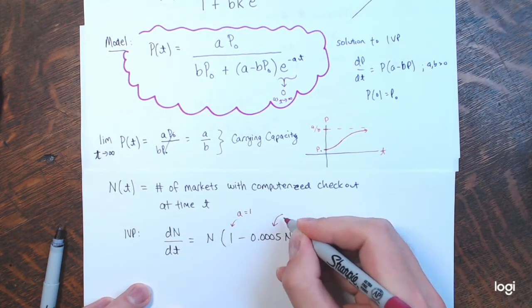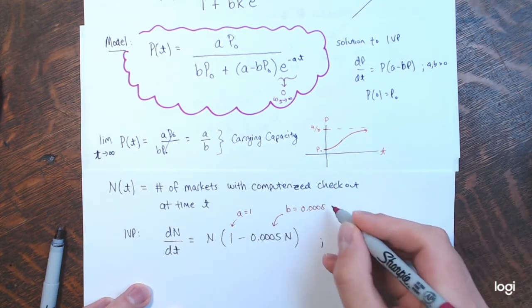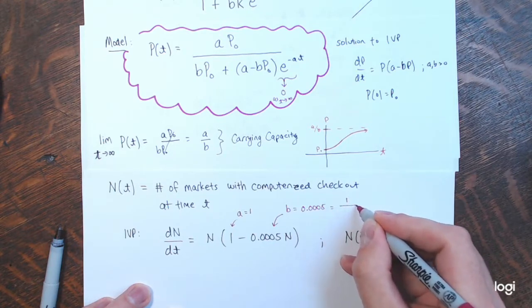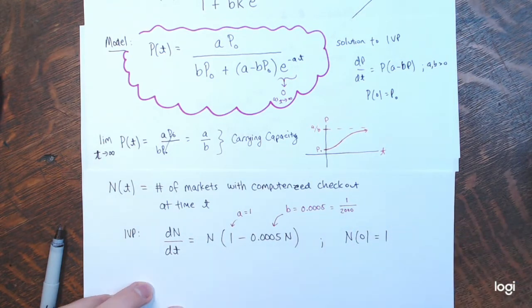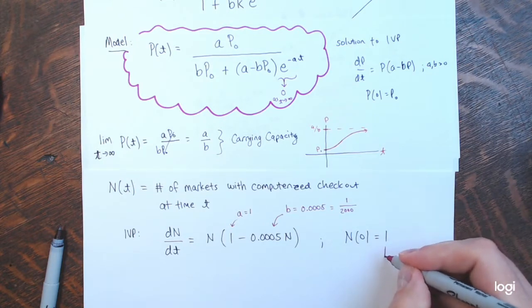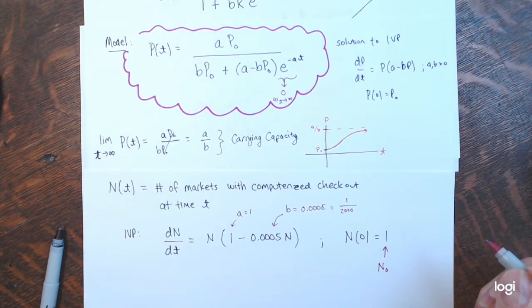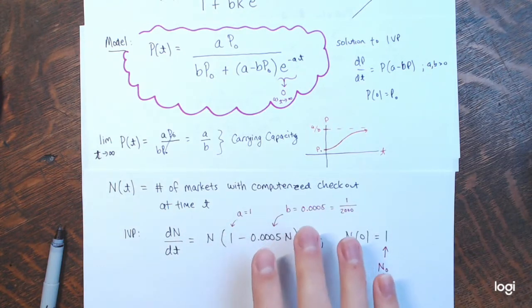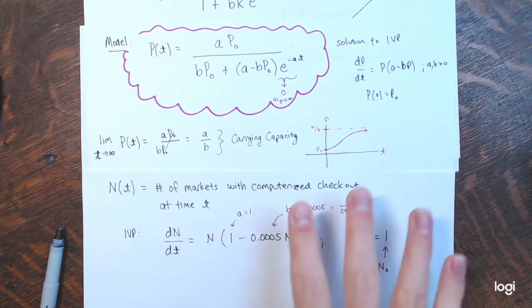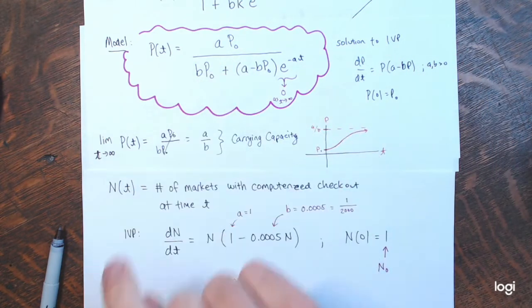The value of little b is 0.0005, or 5/10,000ths, which would be 1 over 2,000. And n sub 0 instead of p sub 0 is 1. Recognizing that this is in that same exact form, I'm going to jump right to the solution when they ask for it in a second.